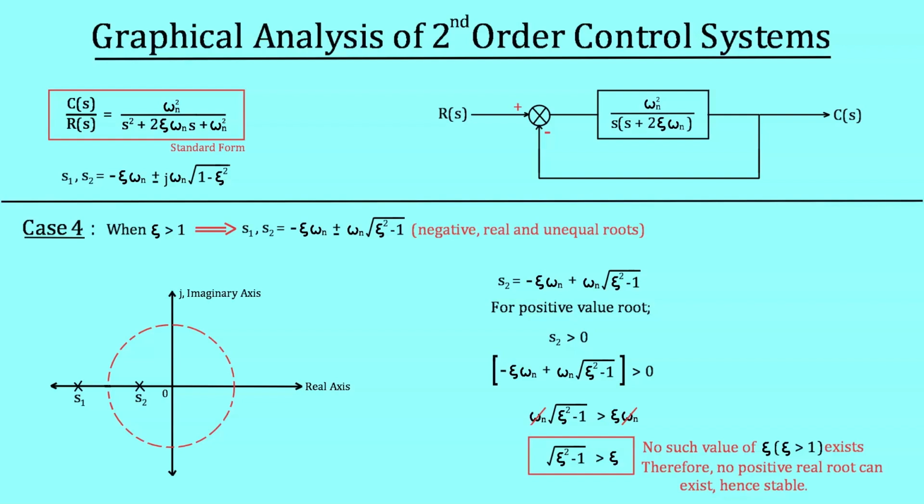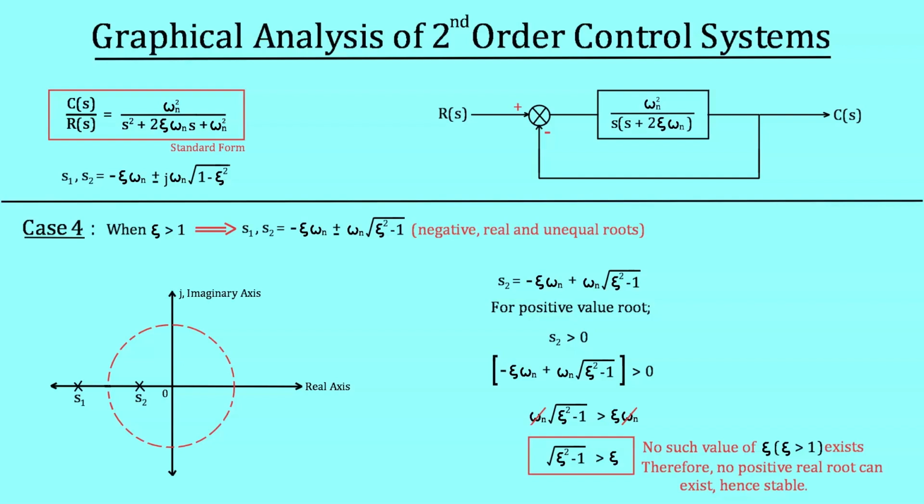You have to use a little bit of mathematics and logical reasoning: if any pole lies on the right hand side of the S-plane, then it will be unstable. For that, we have to check both the values of the poles for the fourth case, and the one with higher possibility to reach 0 or even cross the imaginary axis is obviously the second pole S2. For having a positive real pole, the value of this expression should be greater than 0.